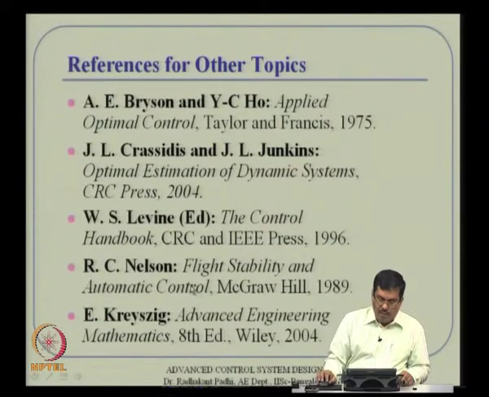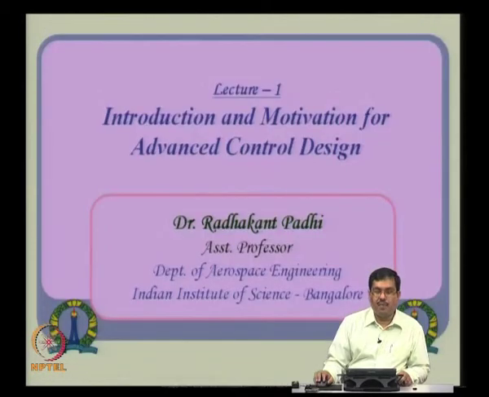Flight mechanics concepts and some review of flight control will be taken from Nelson, and some math concepts from other books as well, but primarily from Kreyszig. Okay. It's not an exhaustive list. There may be concepts from other books as well. So that's how these topics are selected from various places and put together.